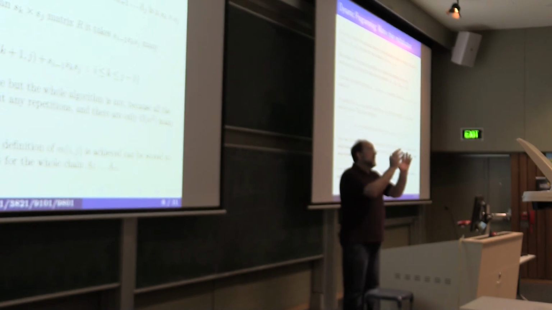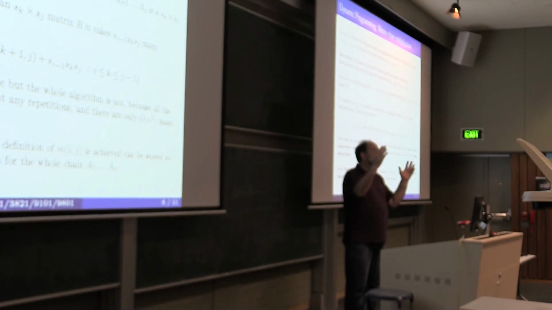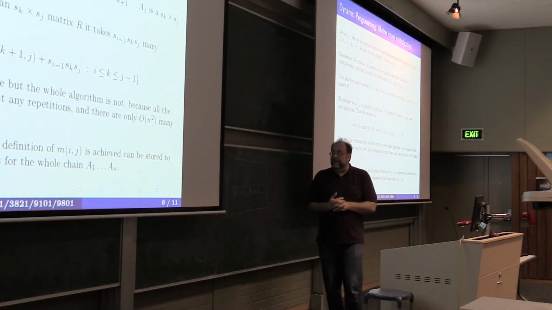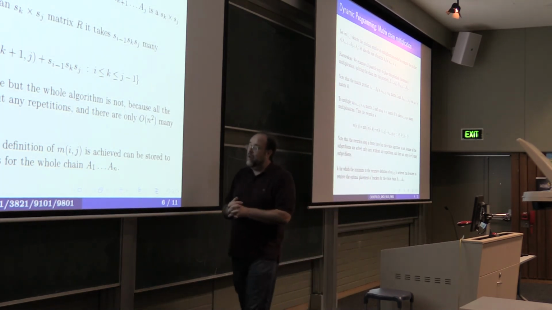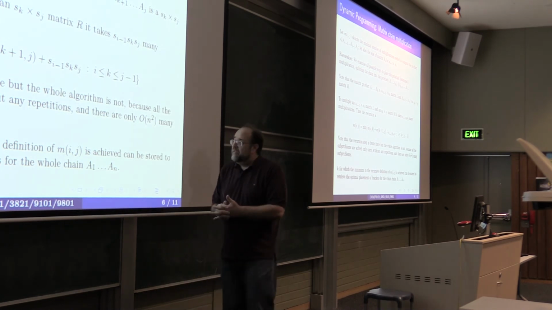the product of many smaller subchains is done many times because it appears in a great number of different ways to put the parentheses, right?